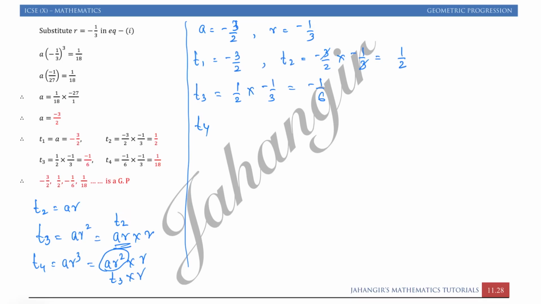T3 into R. See, T3 is AR square. So I will write minus 1 by 6 as T3 into again R. That is 1 by 18. At least 4 terms are enough. So therefore in the end you can write minus 3 by 2, comma 1 by 2, comma minus 1 by 6, comma 1 by 18, dot dot dot is a GP. This was a very simple question, but it's an important question.